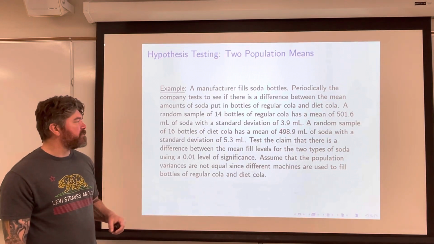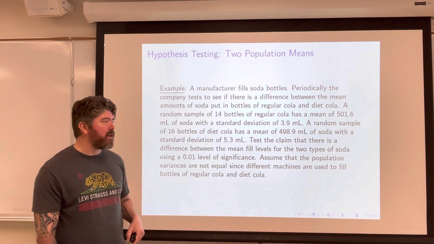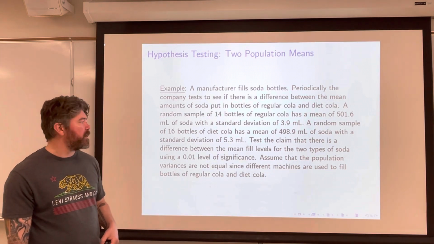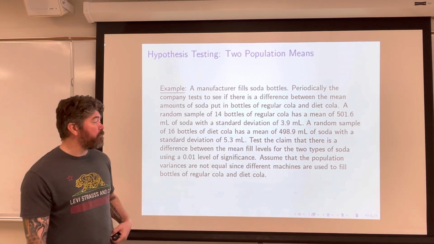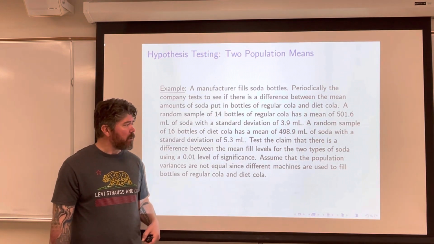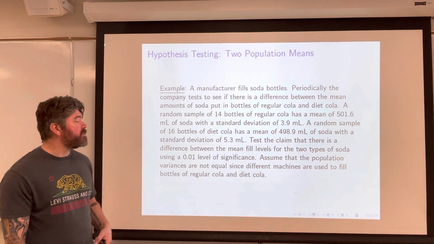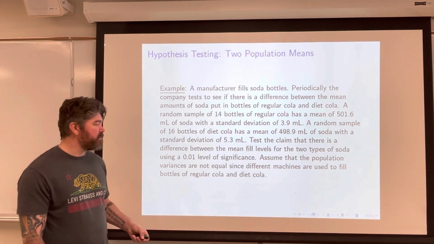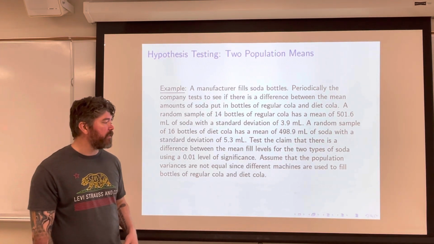A random sample of 16 bottles of Diet Cola has a mean of 498.9 milliliters of soda with a standard deviation of 5.3 milliliters. Test the claim that there is a difference between the mean fill levels for the two types of soda using a 0.01 level of significance.